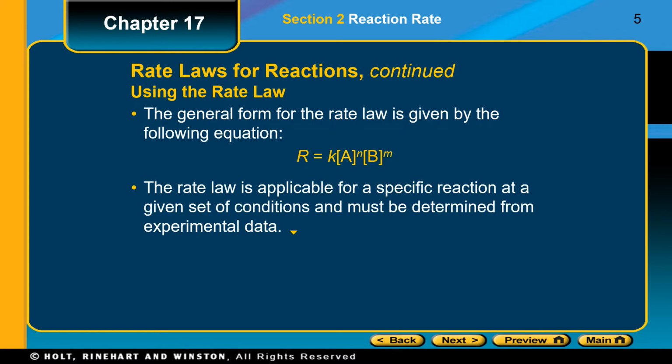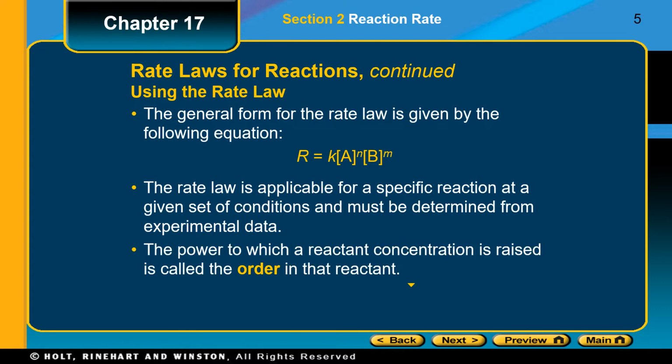So the rate law is applicable for a specific reaction at a given set of conditions and must be determined from experimental data. So when we come up with our rate law for our experiment, we're going to have to do the experiment and gather data so that we can write the rate law.